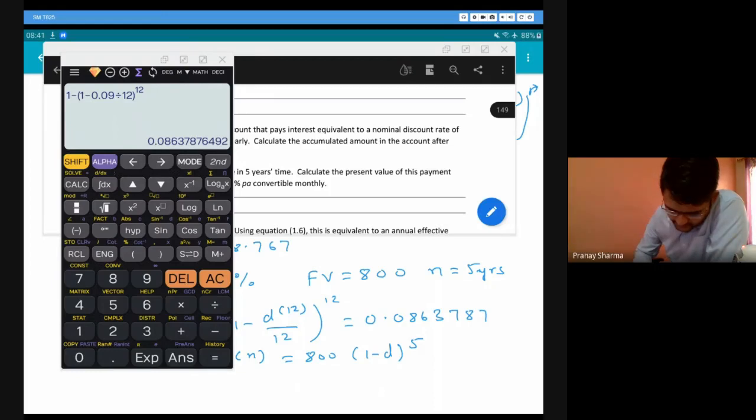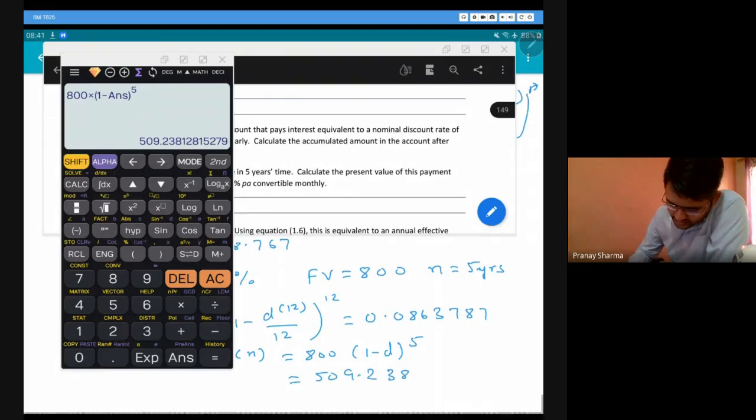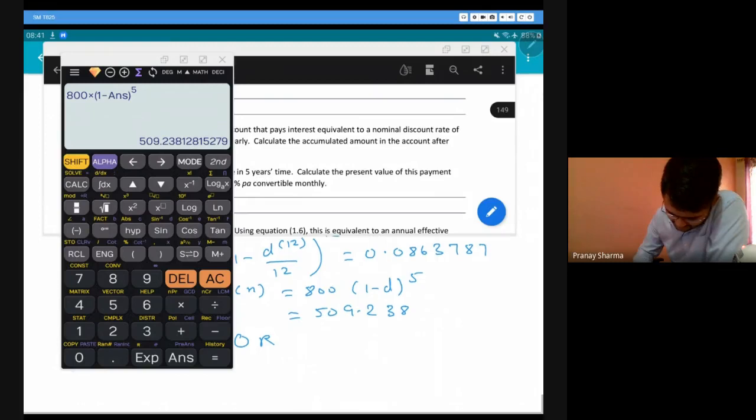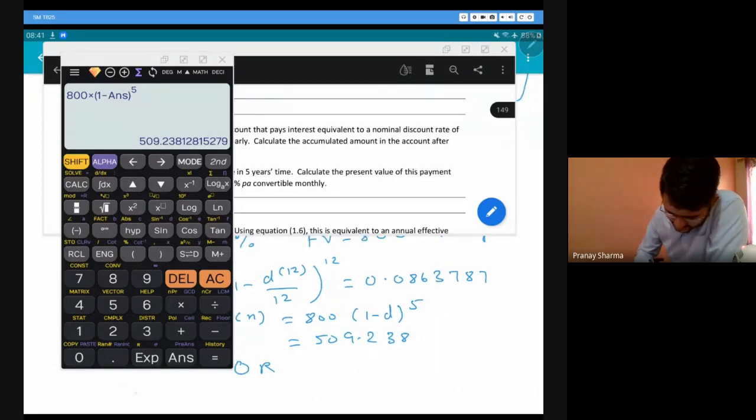So we had our 800 into 1 minus, I will use my previous answer, raised to 5. So we are getting 509.238. Again, I have another method. I can directly use d12. I can say my present value will be equal to my future value into 1 minus d12 by 12 raised to 12 into 5.